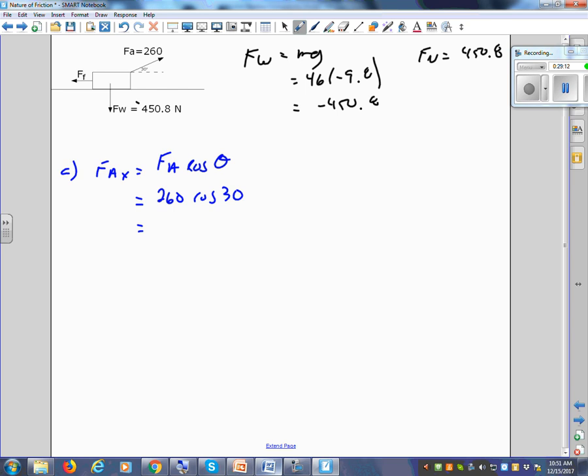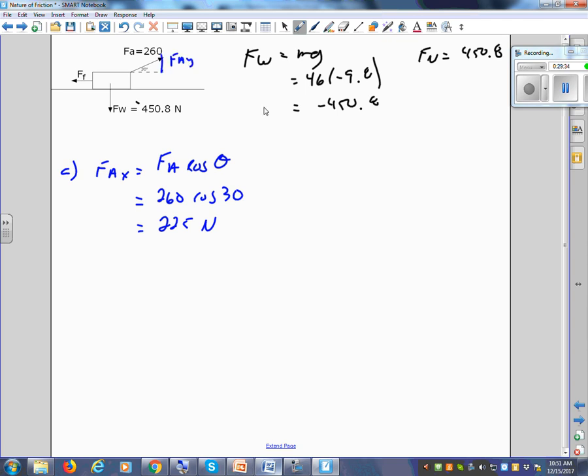Good thing you guys are here today. This is tough stuff. 260 times cos 30, 225. So of the 260, 225 is pulling sideways. But there's a little bit up as well. Right? There's this bit here, FAY.